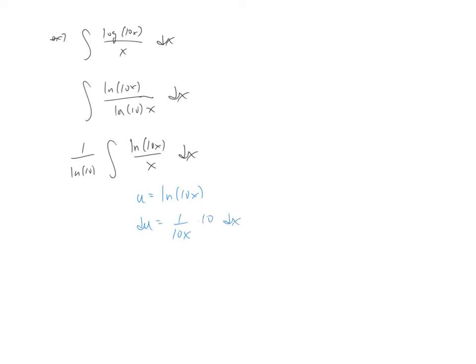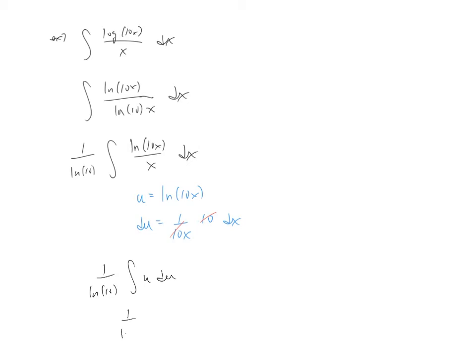So conveniently, once again, it's a perfect fit. We've got our 1 over x dx, and then we've got our natural log of 10x that we substituted out entirely. So this integral now is nothing more than 1 over the natural log of 10 times the integral of u du.